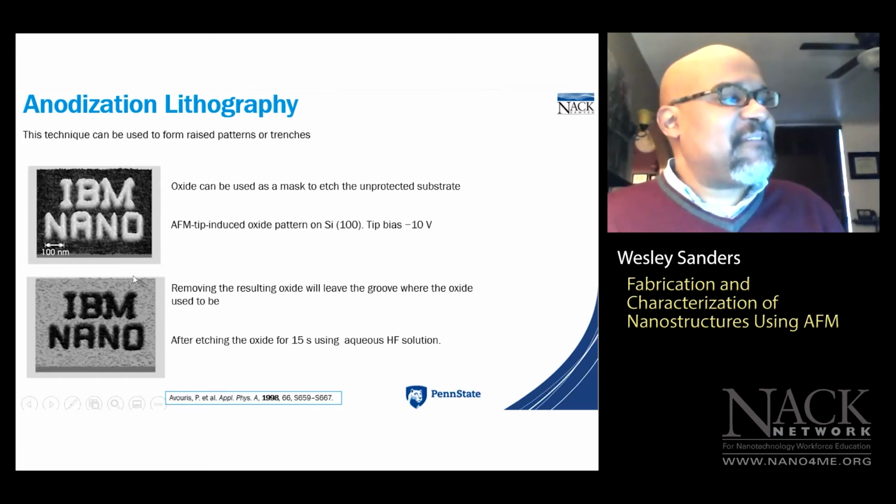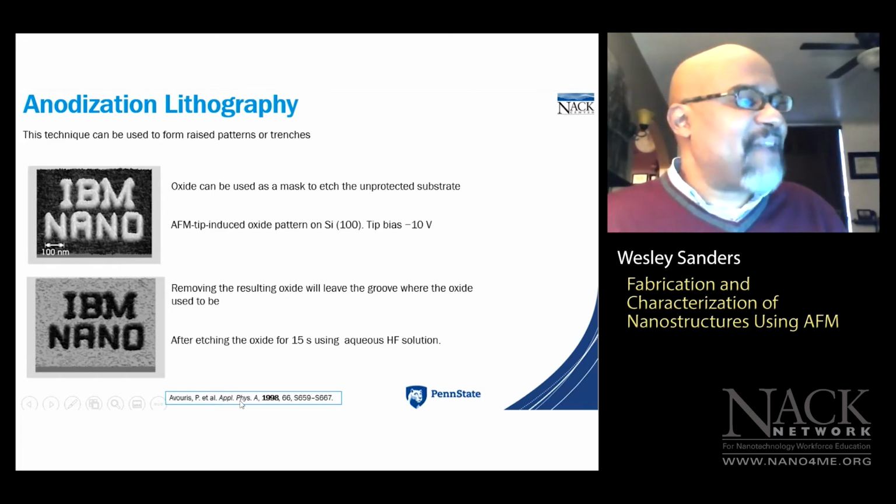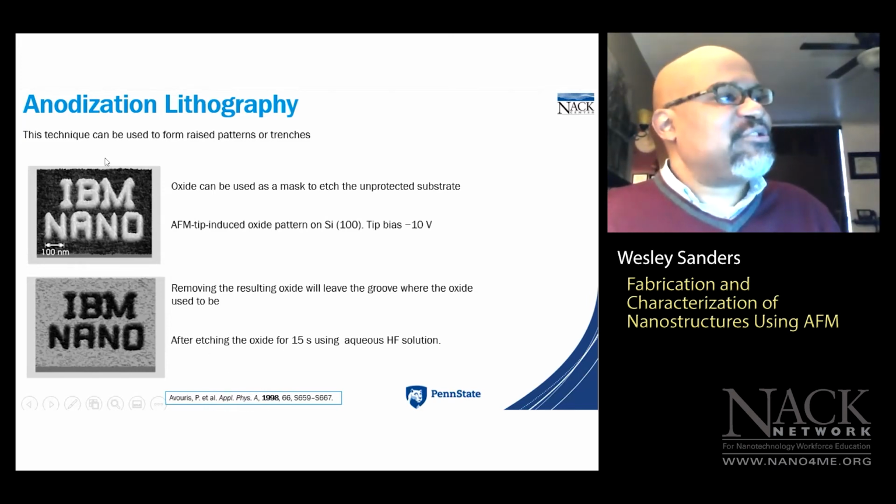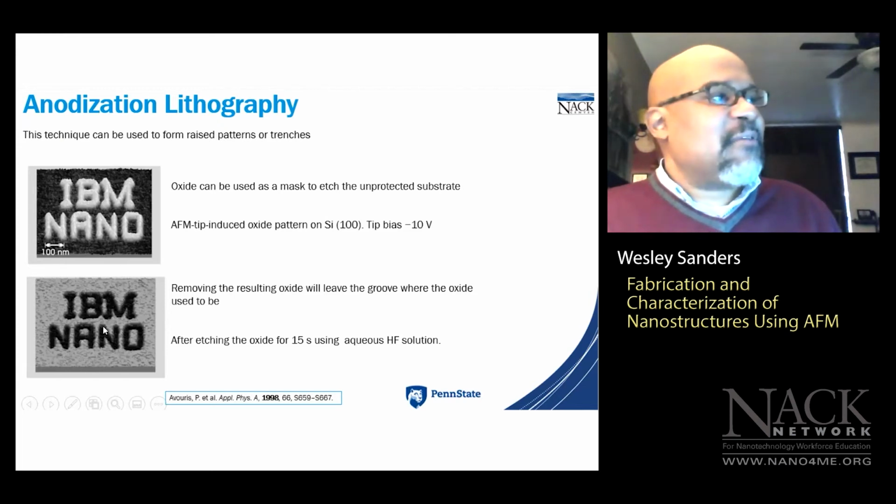So here's an example of that, and that comes out of Applied Physics A, a 1998 article from that journal, where IBM researchers used anodization lithography in order to create a negative and a positive image, right? So with this technique, the resulting oxidized area can act as a mask, right?